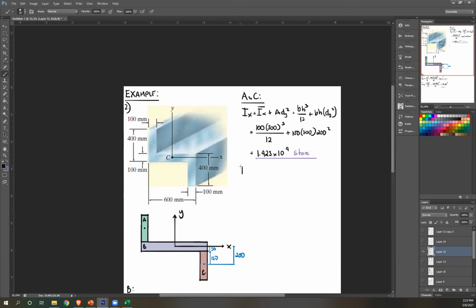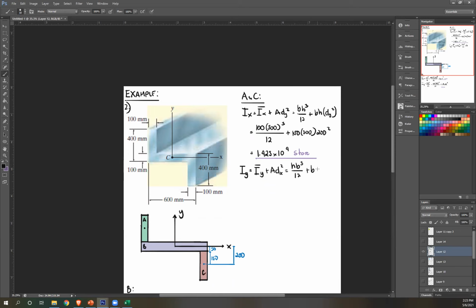Okay, now let's go with IY. So for IY, same thing. Its y-axis is not lying on the reference y-axis. So using the parallel axis theorem, this is I bar y plus A d x squared. The centroidal moment of inertia about the y-axis is h b cubed over 12.